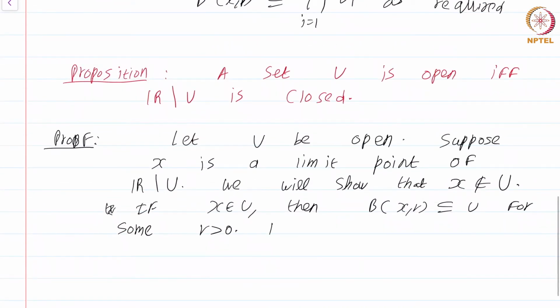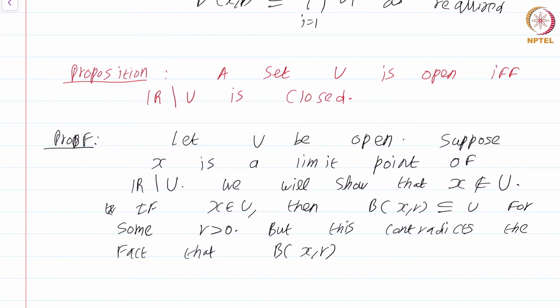But this contradicts the fact that B(X, r) intersect R minus U is non-empty, right?